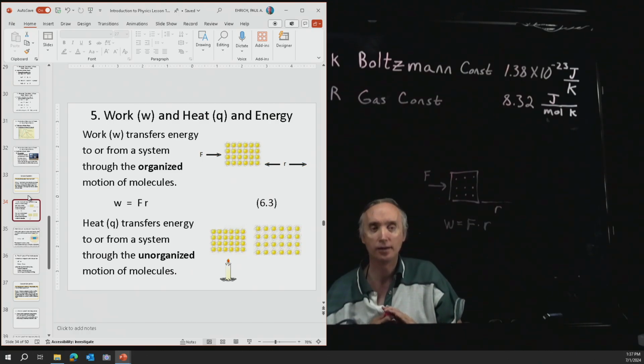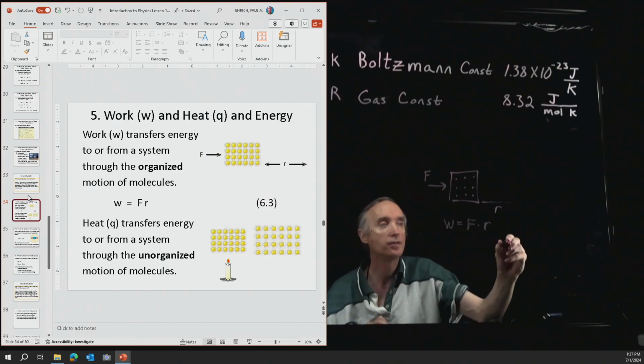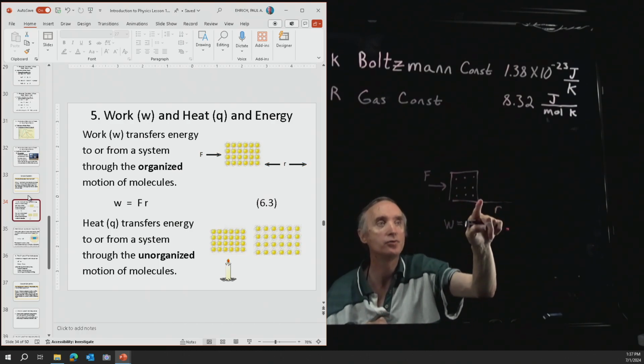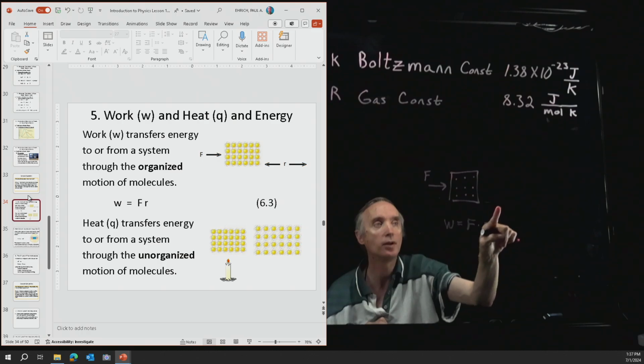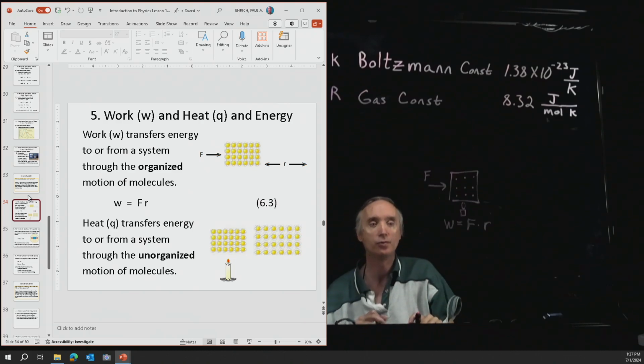Now on the other hand, heat is caused by the disorganized motion of molecules. To think of this one, think about the same object, but this time instead of applying a force to it, assume there's a candle underneath it and we're going to apply heat to it.